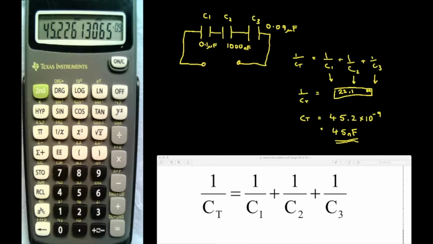And I'm going to do a sanity check on that now to make sure I haven't had fat fingers during the use of the calculator. First of all, let's say we've got 3 capacitors in series. And because we're using the reciprocal formula, the answer has to be less than the smallest value that I've got there.